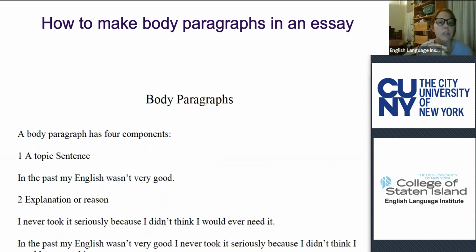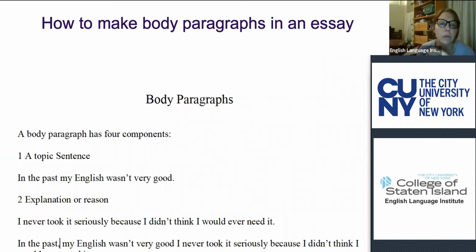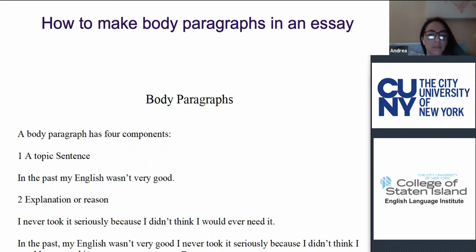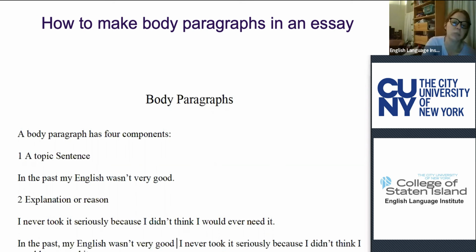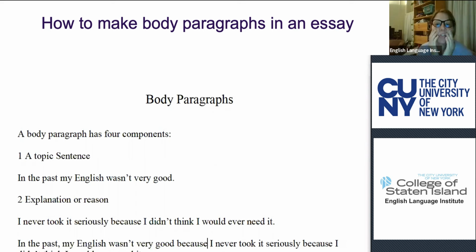And what's something we can do to make it one long complex sentence? So in the past, my English wasn't very good. What could go here? And I never took. Okay, so you can say and. What's another thing you can say instead of and? I think in this way, it's cause and effect. So instead of saying and, you can say because I never took it seriously.